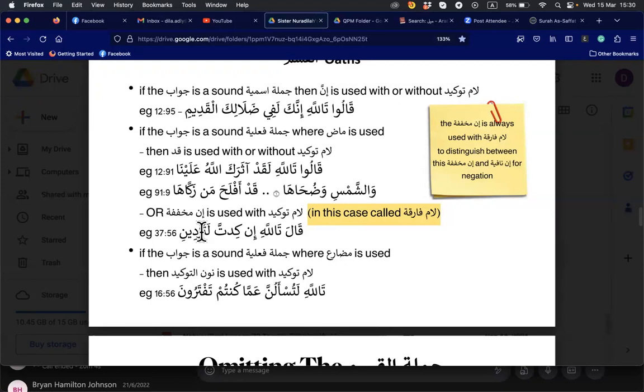And lastly, if the jawabul qasam is a sound jumlah fi'liyah and this time is mudhari', then the nun taukid is used with your lam taukid. So that's why sometimes, in fact a lot of the time, they say that when there is a lam taukid and nun taukid, there is a qasam that is mahzuf.